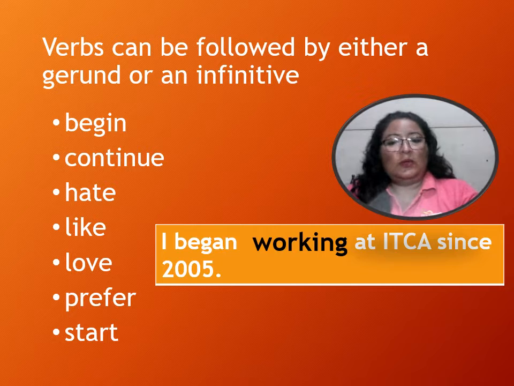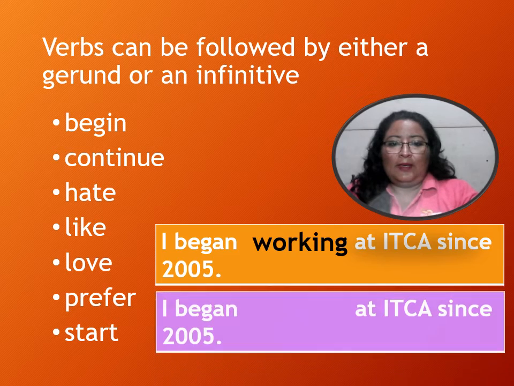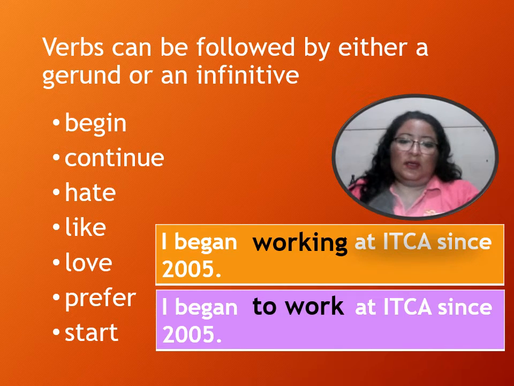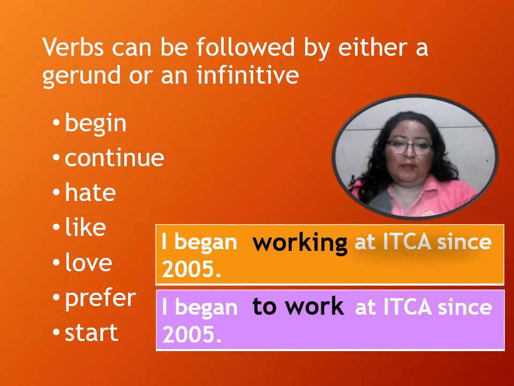Here we have an example. I began working at ITCA since 2005. And the next one is, I began to work at ITCA since 2005. So as you can see, in both cases we are using the verb begin in the past, begun, and it can be followed by gerund or by infinitive.